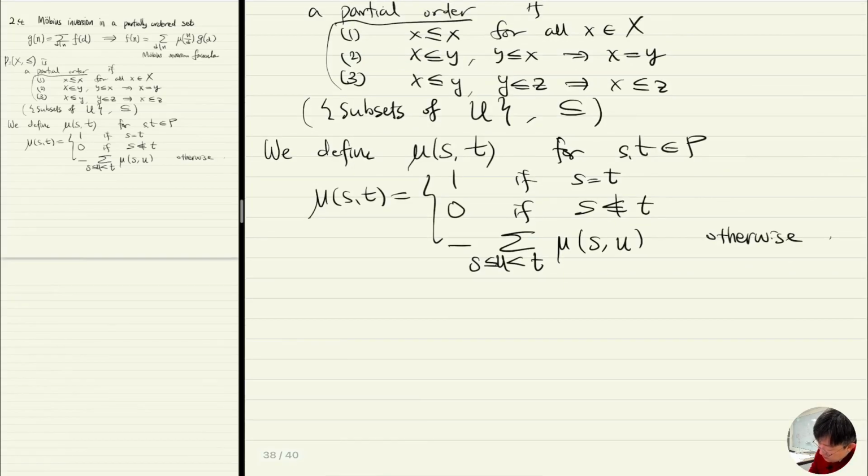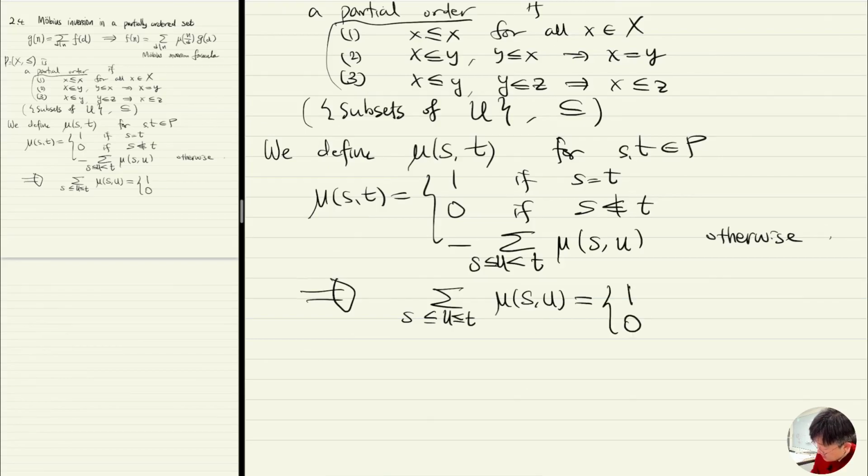Right. So the whole purpose of this is to make sure that whenever we sum this thing over all the elements between s and t, it's 1 or 0.